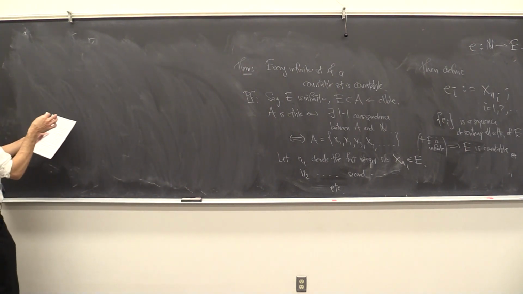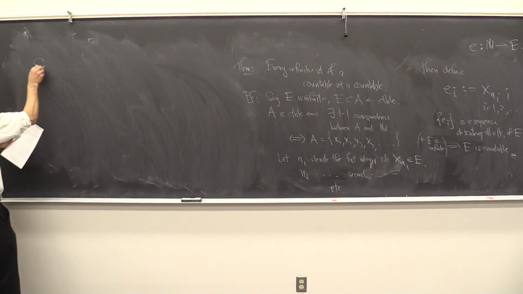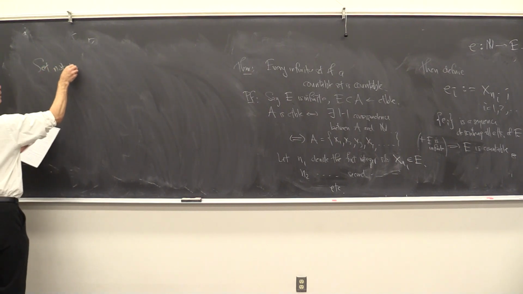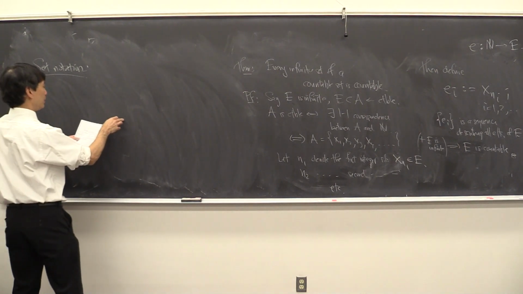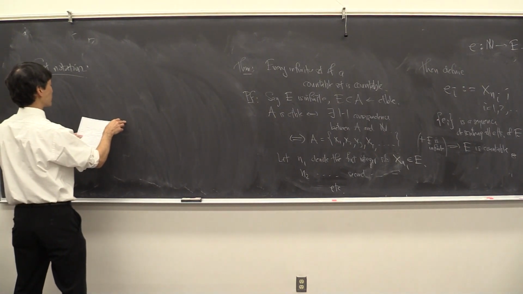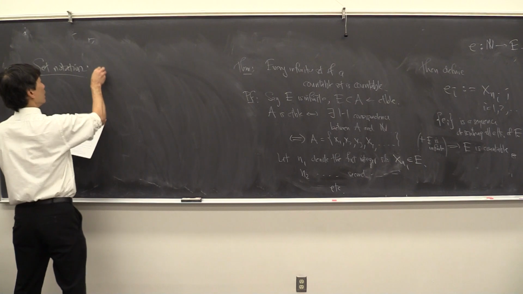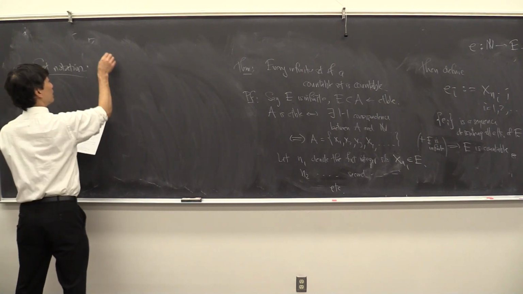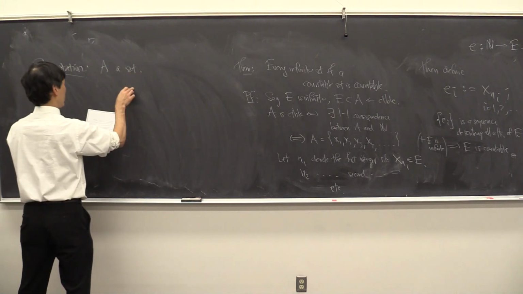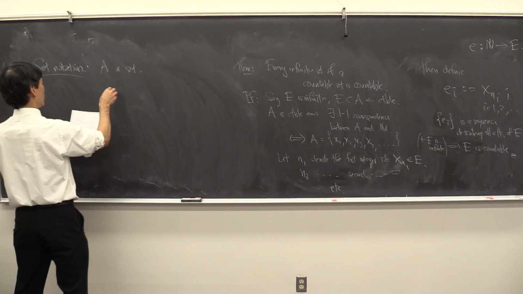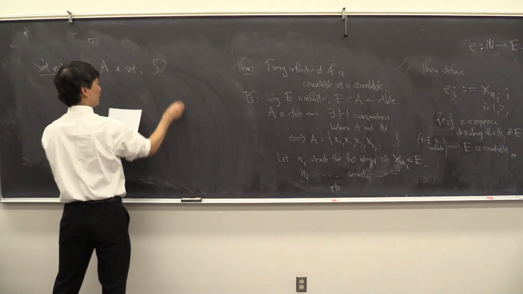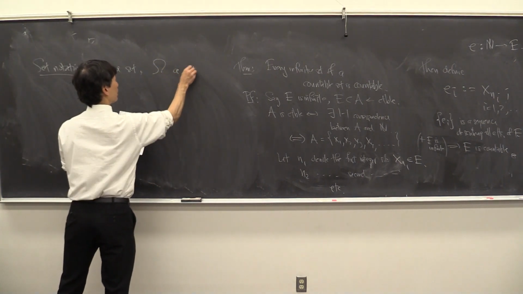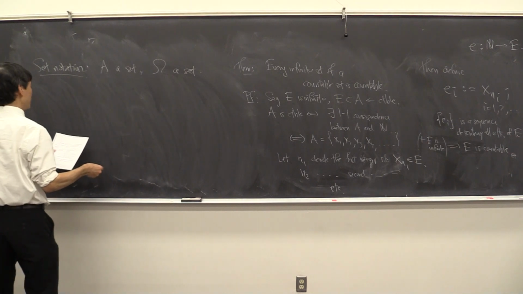Okay, so just some notation that I hope you're already familiar with. Set notation. You have a set A, and also Omega, another set.